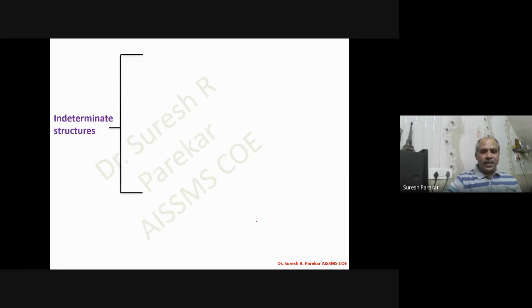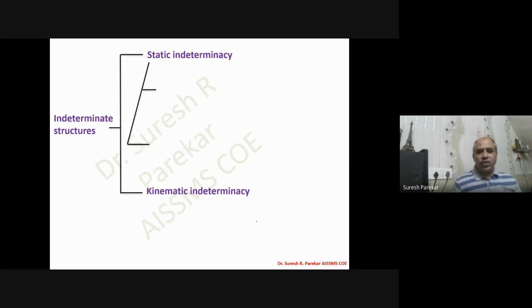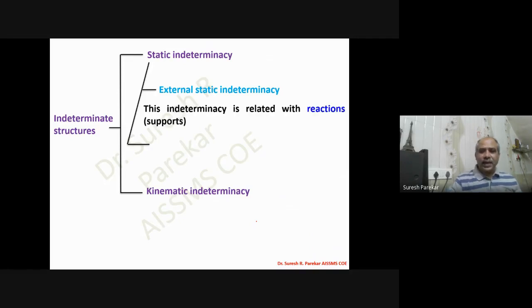Now, indeterminate structures we again classify into two types: one is static indeterminacy, another is kinematic indeterminacy. This static indeterminacy we are going to categorize under two types: external static indeterminacy and internal static indeterminacy.